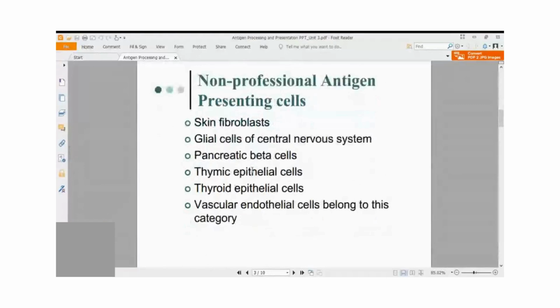All these are non-professional antigen presenting cells, called non-professional because they actually are not meant for antigen presentation, but when demanded, they will be involved in antigen presentation. They will gain the characteristic of antigen presentation and they will present the antigen, but they are not professional.